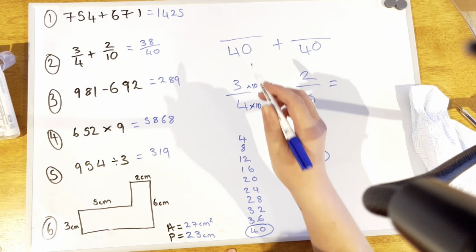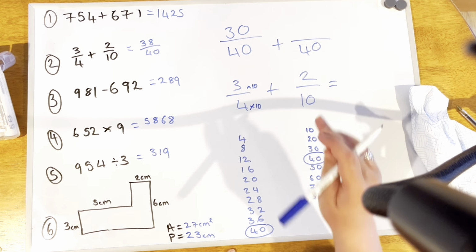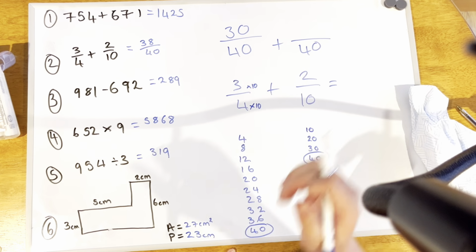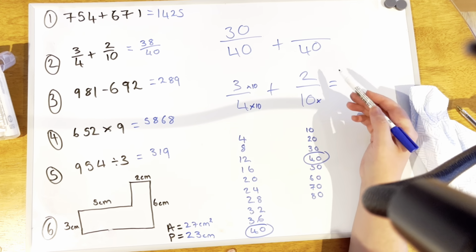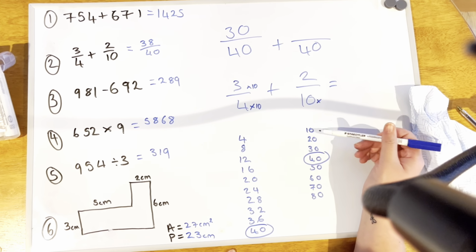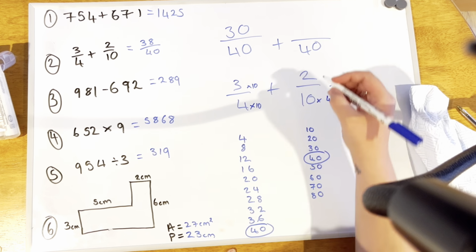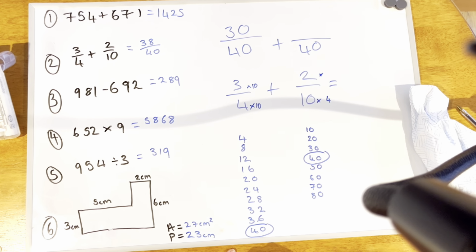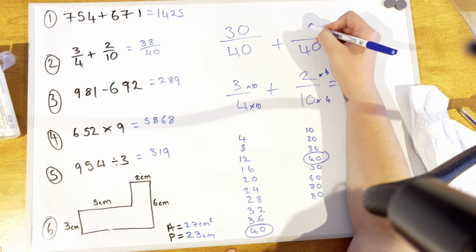3 times 10 is 30. Okay, now I need to look at my next fraction. So what did I times 10 by to get to 40? Times it by 1, 2, 3, 4. I timesed it by 4, so I need to times my numerator by 4. So 2 times 4 is 8.